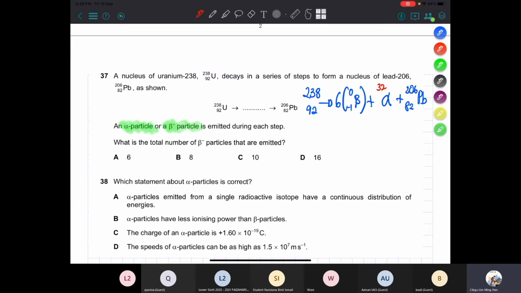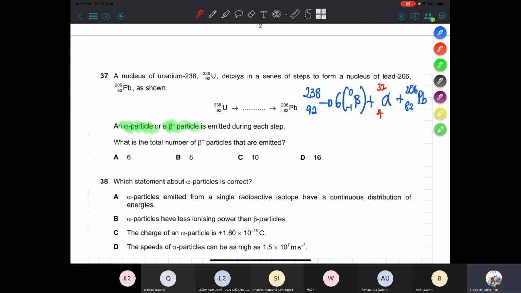And then we have 92 plus 92 minus 82, and then minus 6, we have 4. Which is not possible. Alpha cannot have this.